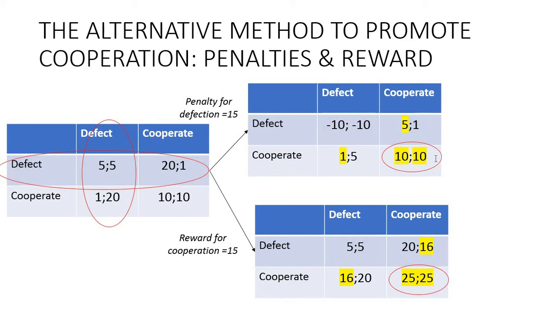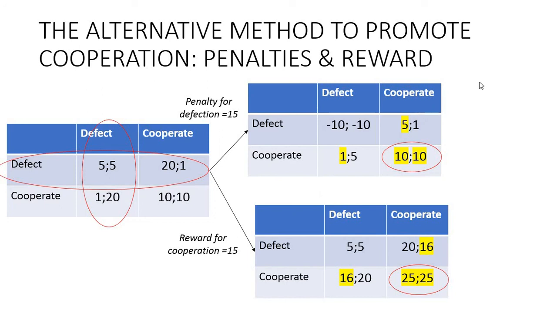And yeah. So in this case, if you try to define the Nash equilibrium using best response analysis, you will see that now cooperate is the equilibrium outcome of this game. So this is a Nash equilibrium now. Formally, this game is not a prisoner's dilemma anymore.